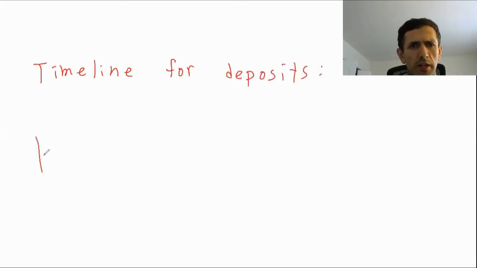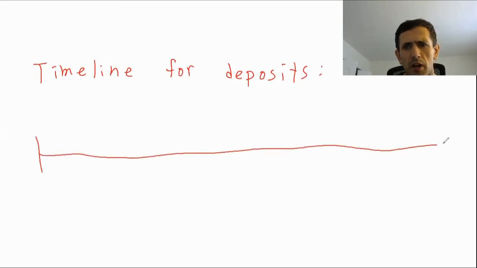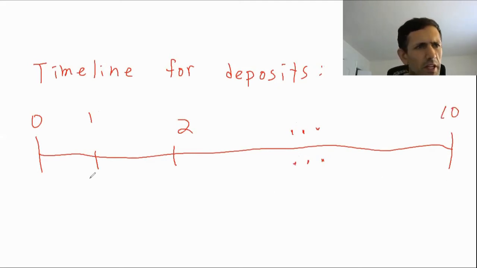The timeline is very straightforward. There's 10 years. Actually, rounding to the nearest cent makes this a lot easier to draw on the time diagram. Otherwise, I would not be able to fit this.